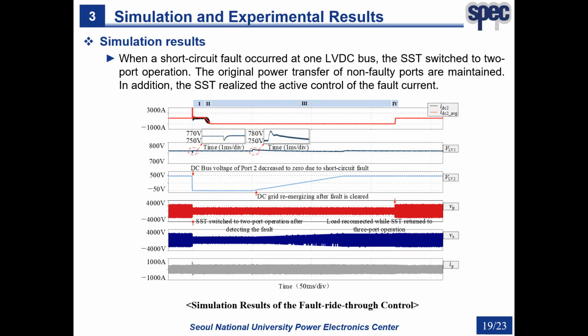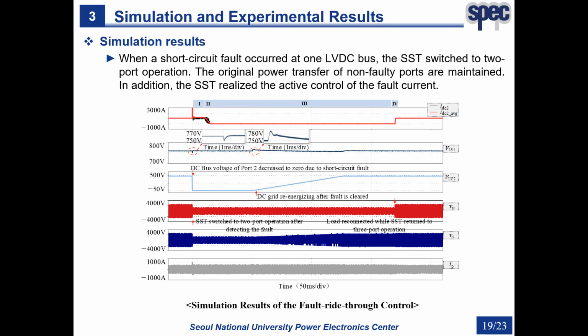It can be seen that the fault current reached a high peak when the short circuit fault occurred at port 2, and the DC bus voltage of port 2 decreased to 0. With active current control, the fault current was maintained at the preset value to make time for the system to detect and localize the fault.